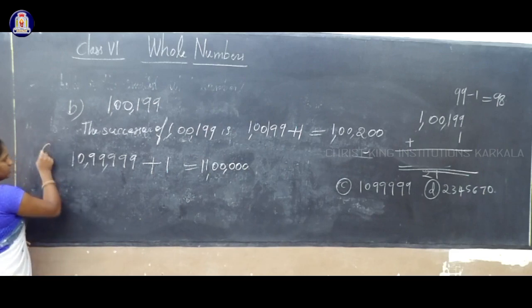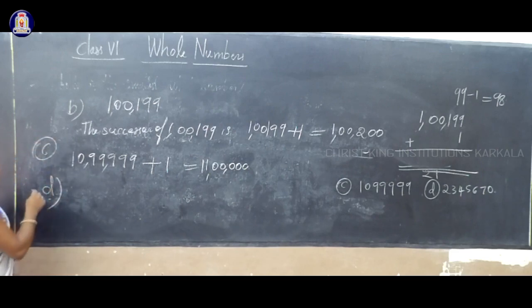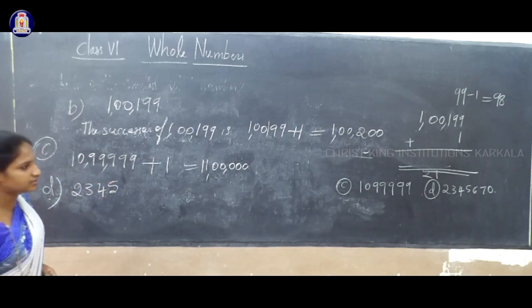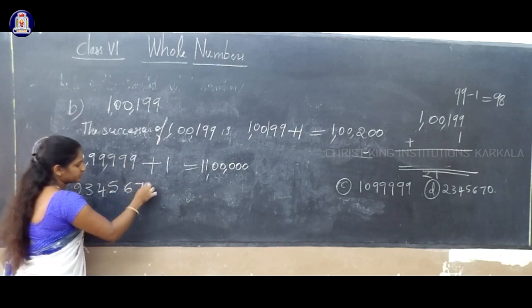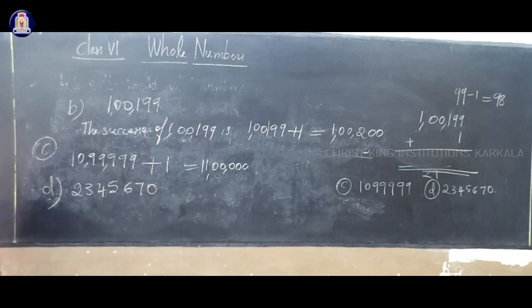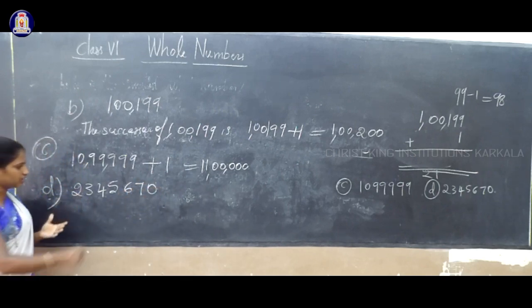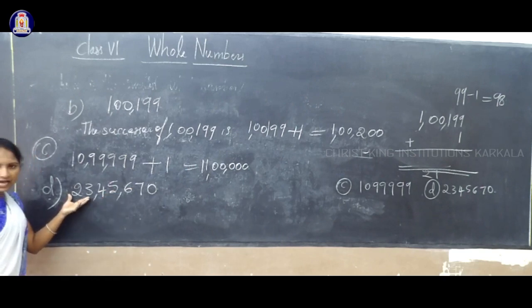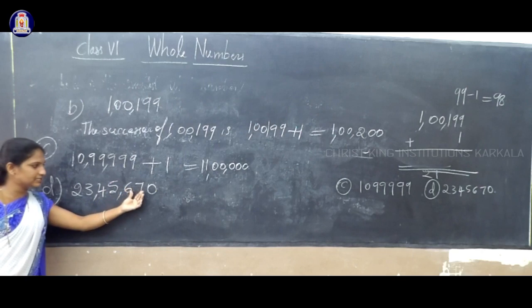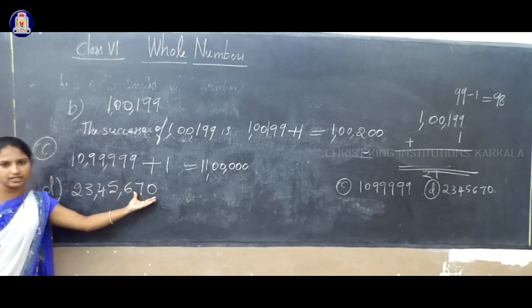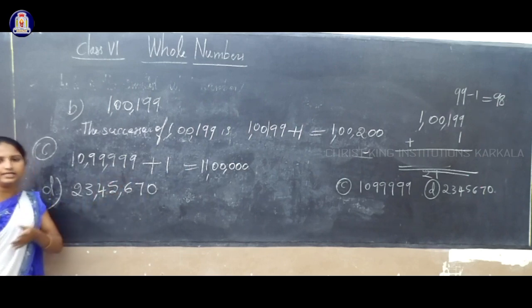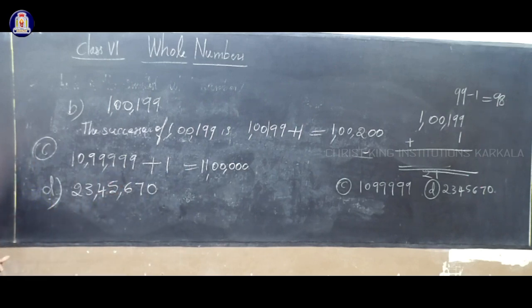Okay. So next one more question is given, that is the fourth one. Question number B. That is 2, 3, 4, 5, 6, 7, 0. So this is easy, right? First you insert commas and see, 23 lakh 45,670. Is it correct? We have to find the successor of this.